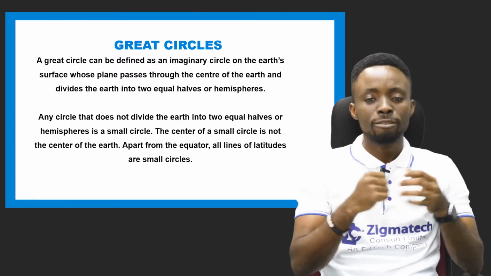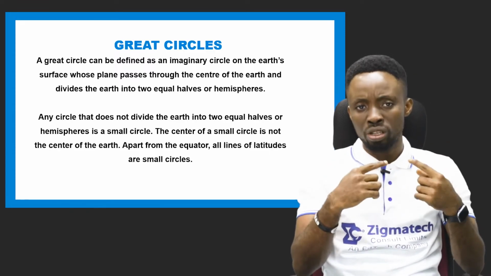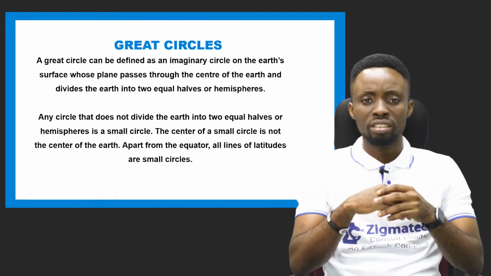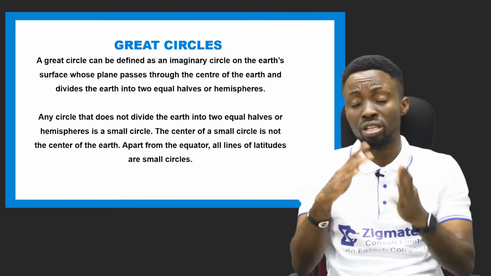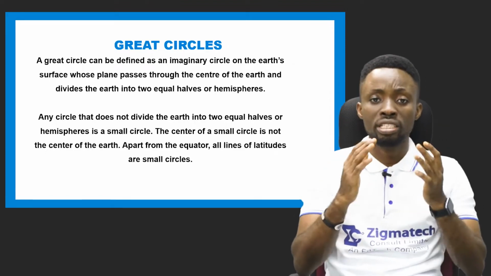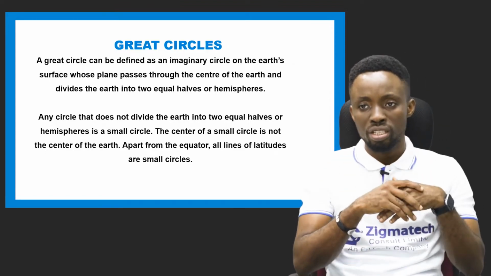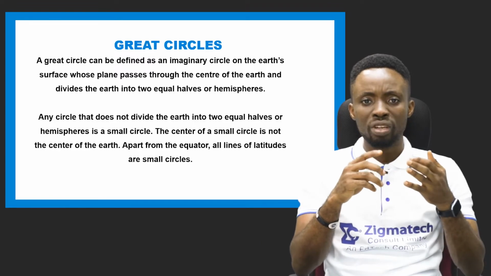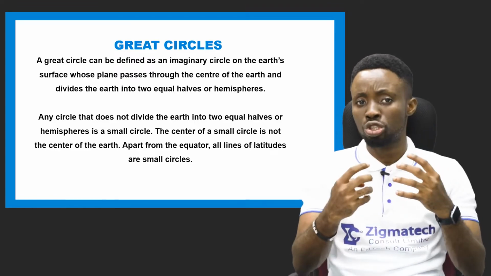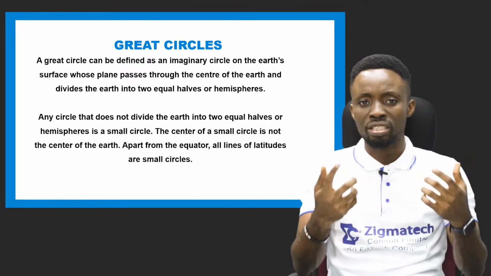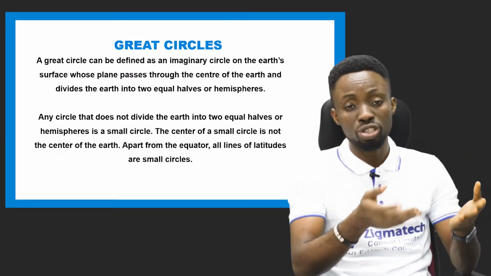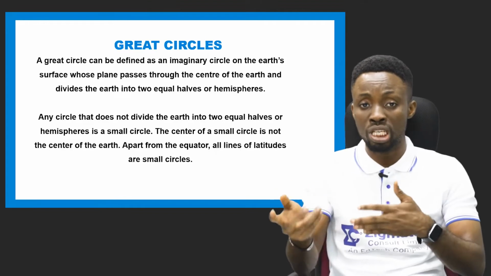So what I'm trying to say is that any imaginary line you draw on the earth that can divide the earth into two equal hemispheres, be it horizontally or vertically, such a line is seen as a great circle. And any circle that cannot divide the earth into two equal halves is seen as a small circle. So the opposite of great circles are what? Small circles.